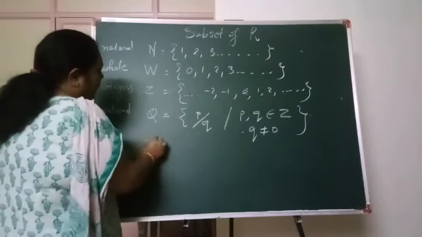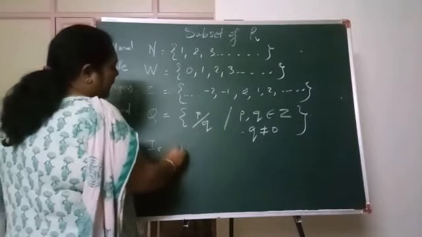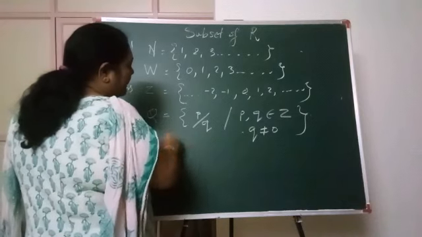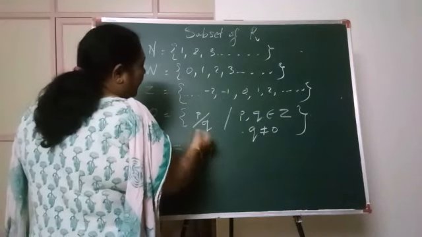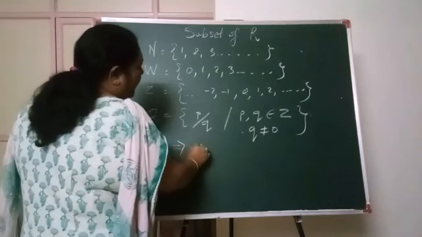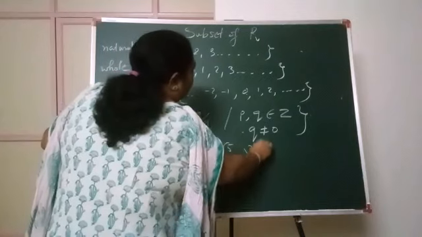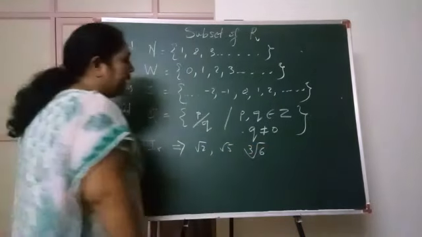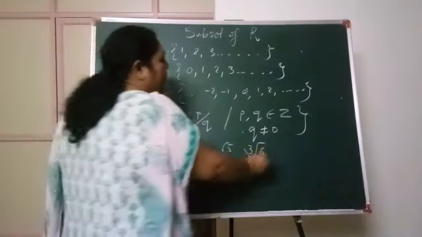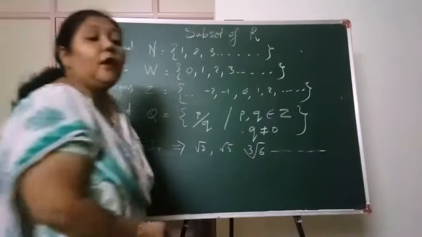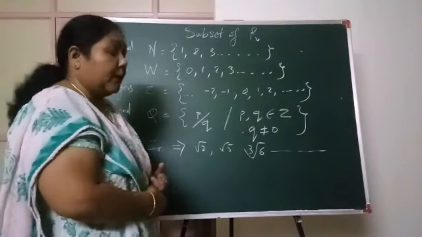And lastly, you come to something called irrational numbers. These could be numbers of the form √2, √5, cube root of 6, something like this. All such numbers will come under the category of irrational numbers.